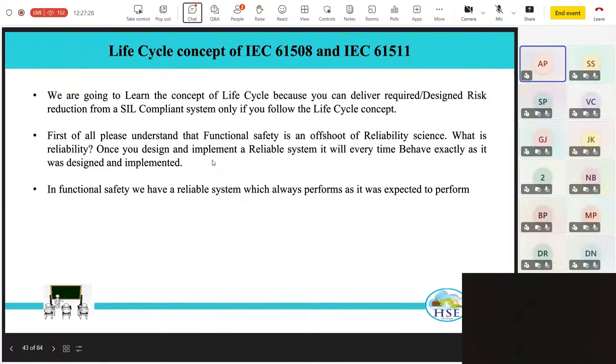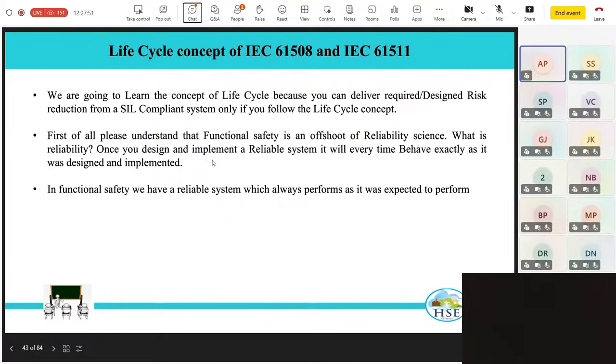But basically, you can achieve such high reliability only when you have a structure around it. See, if you allow things to just happen by themselves, you can never ensure that when it has to operate, it will operate.